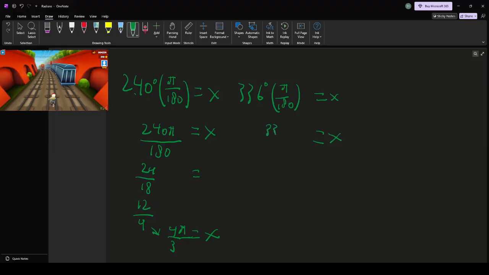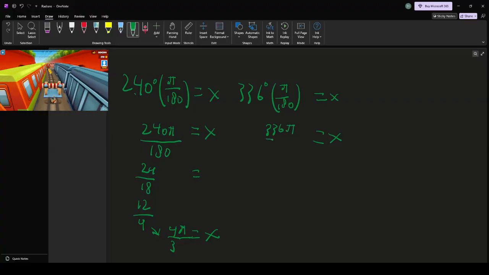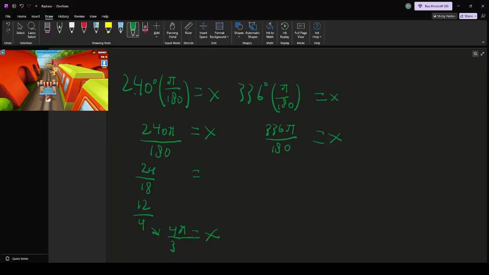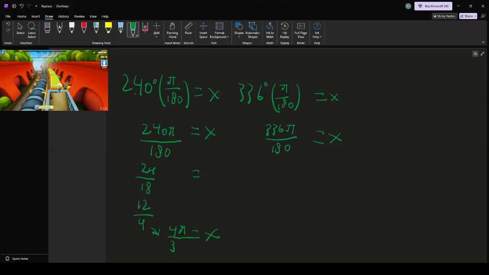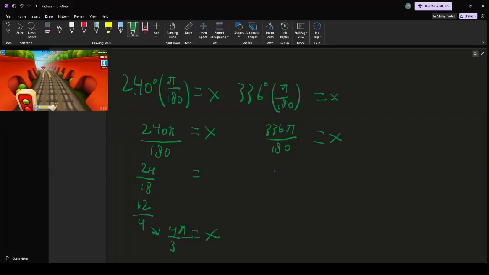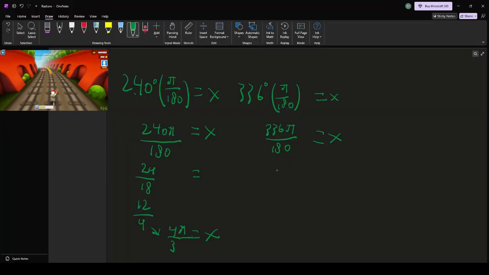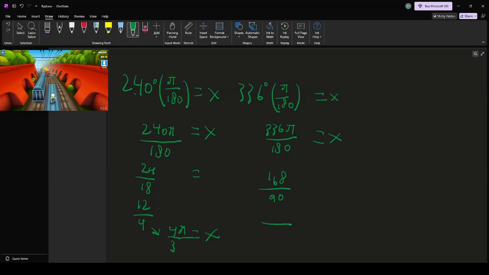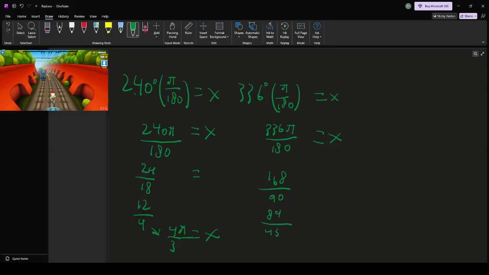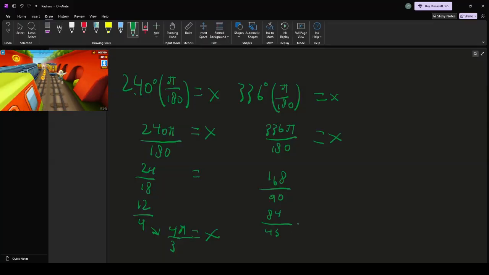So now you're gonna do 336 pi over 180. You're gonna simplify the fraction 336 over 180. Divide that by 2, 168 over 90. And then now you have 84 over 45. And you can divide those by 3.